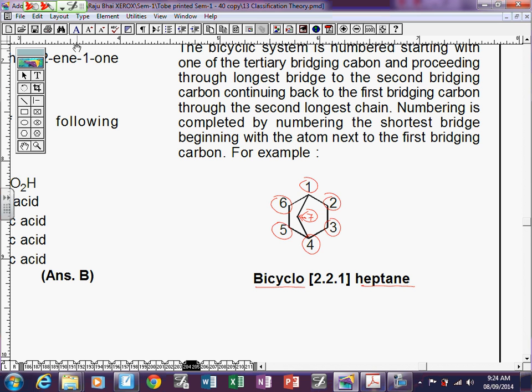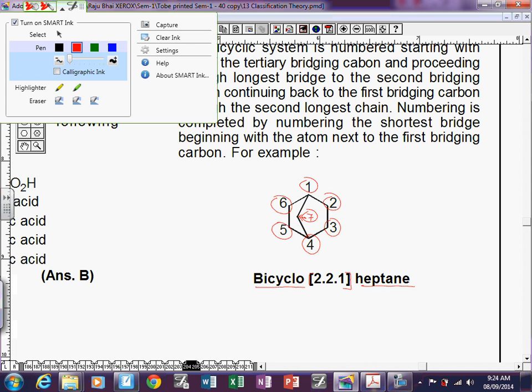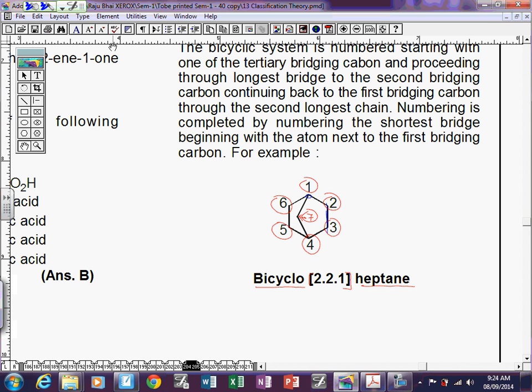And then in the square bracket, what are we going to do? First, in the square bracket, we are going to write down, apart from the bridge, leaving out the bridgehead vertices, the count of carbons. On the right hand side branch, how many carbons do you have? 2. Then on the left hand side, how many carbons do you have? 2.